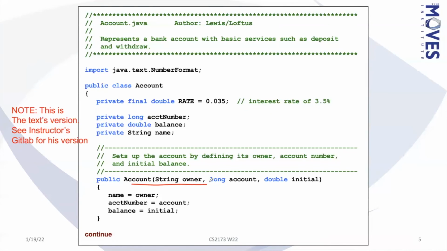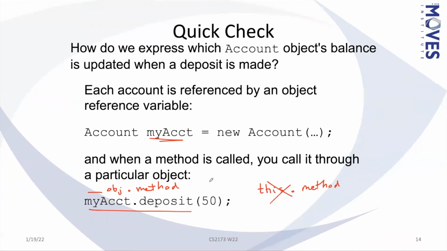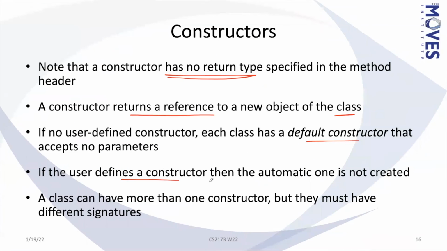Once you write one, then the default isn't there. But if you don't write a constructor, Java will create one for you. You can have more than one constructor, but they must have different signatures, that is, a different argument list.